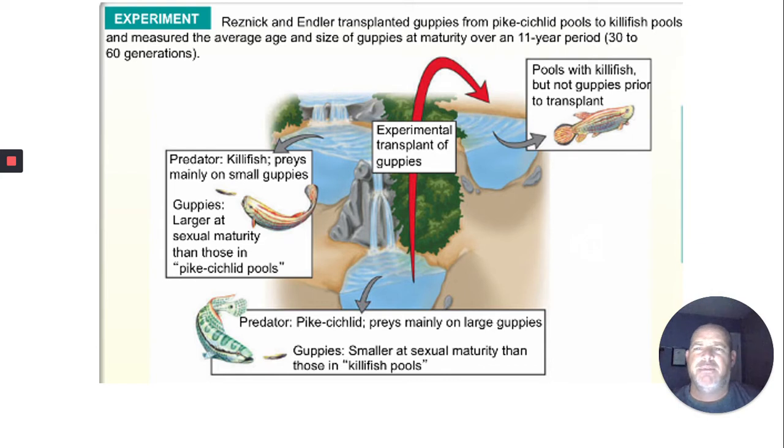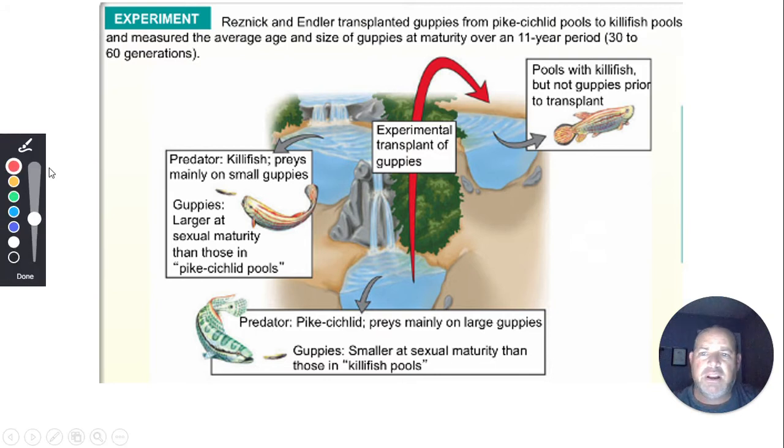I'm just going to run through this quick. Again, just another experiment that I don't think will be too surprising to you, but might want to get my pen to show you a couple things though. So over here in this pool, we have a predator that's called a killifish, and he likes small guppies. And then we have a predator down here in the bottom pool that's called a pike cichlid, and they prey on larger guppies.